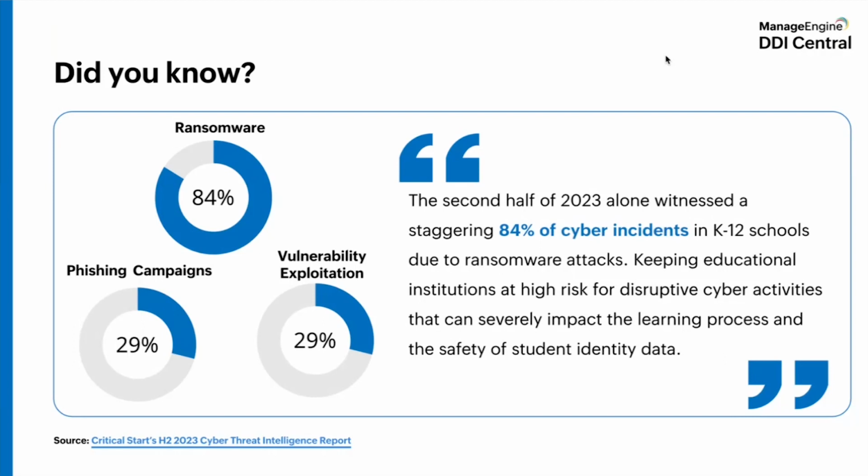A close second, phishing campaigns and vulnerability exploitation constitute 30 and 29% of incidents respectively. The data speaks volumes. Without a fortified network infrastructure, educational institutions remain at high risk for disruptive cyber activities that can severely impact the learning process and the safety of student and institutional data.